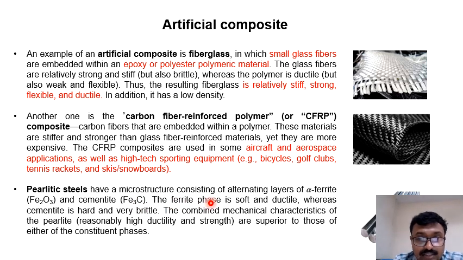The ferrite phase is soft and ductile, whereas cementite is hard and brittle. The combined mechanical characteristics of the pearlite, reinforced high ductility and strength, are superior to those of either of the constituent phases.